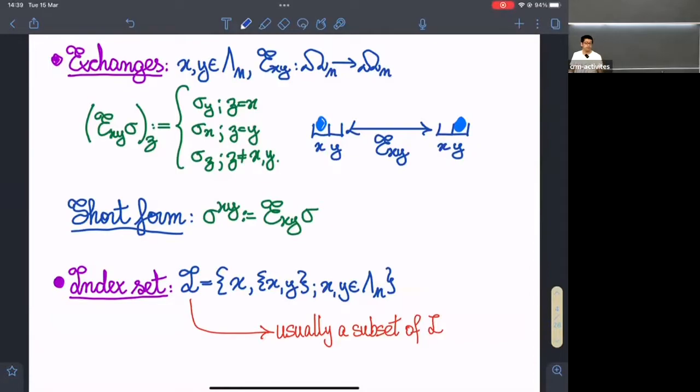So it's another configuration, and if you evaluate it at site z, it's equal to the original configuration unless z is equal to x or y. And what happens at x or y is usually a change. If there was a 0 at x and a 1 at y, now you have a 1 at x and a 0 at y, and vice versa. Observe that sometimes this exchange transformation doesn't do anything, because if the two values at x and y were equal to begin with, when you exchange them, you get the same configuration again.